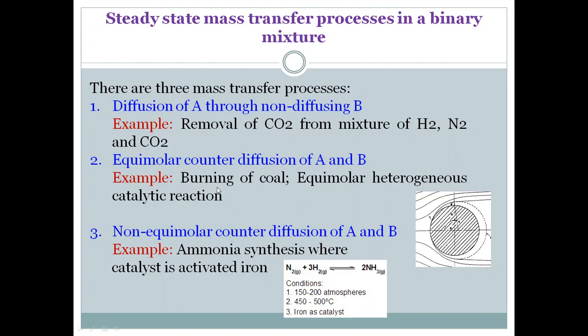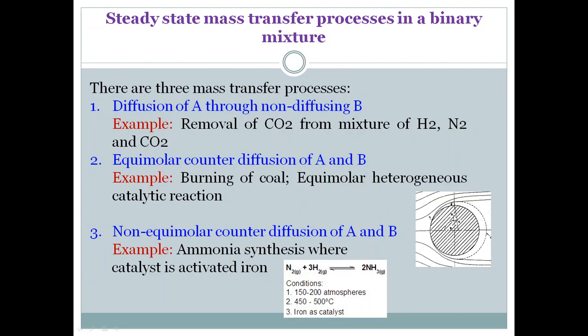And here I have taken the example of burning of coal. Let's say coal is one spherical particle, where I am burning this one. The carbon present in this spherical particle is reacting with the atmospheric oxygen, so carbon plus oxygen produces carbon dioxide, and carbon dioxide is again coming to the atmosphere.